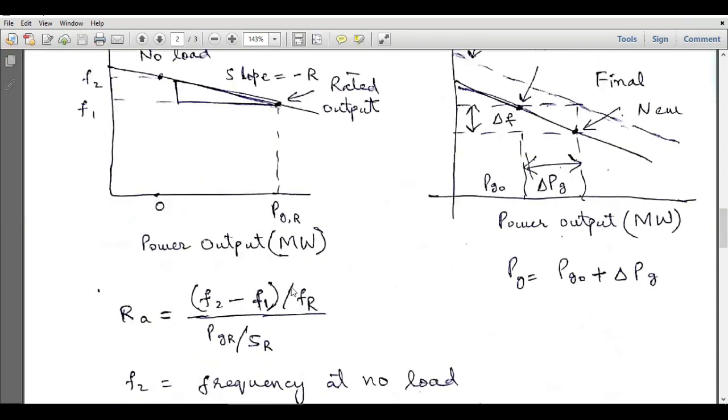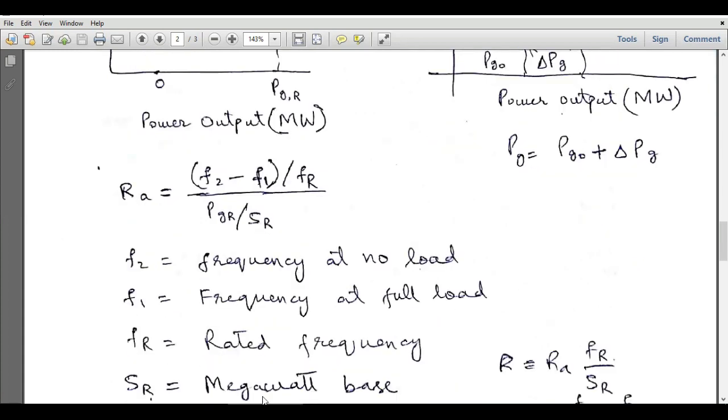So whenever we are converting our actual quantities to per units, we have to divide them by the rated values. So F2 minus F1 divided by the rated frequency is the per unit difference or per unit deviation in the frequency. Similarly, PGR minus 0 divided by SR will give us the per unit deviation in the output power, and SR is the megawatt base.